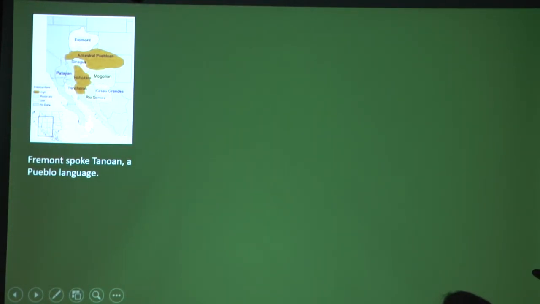Now I have to do something a little bit different for you. I'm going to give you a little picture here of the American Southwest. And some of you have some understanding of this thing that says Ancestral Puebloan down here, used to be called Anasazi. And then we have the Mogollon and the Hohokam, and then we have these people called the Fremont up at the top.